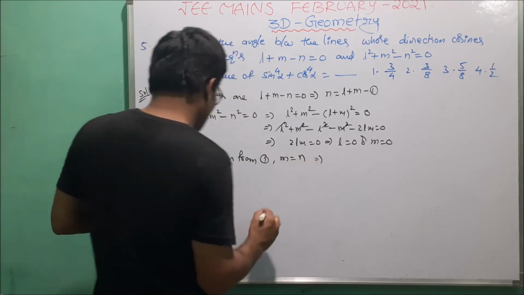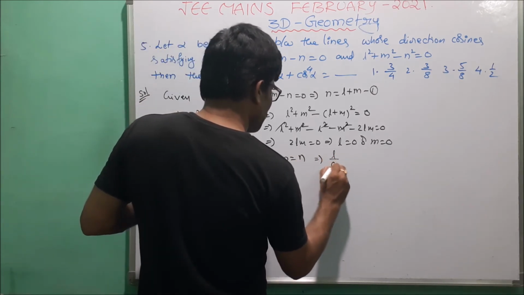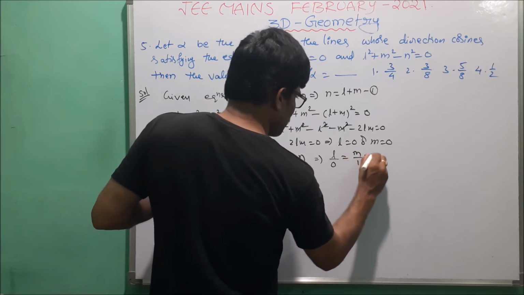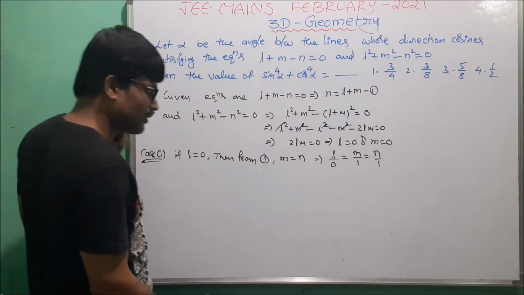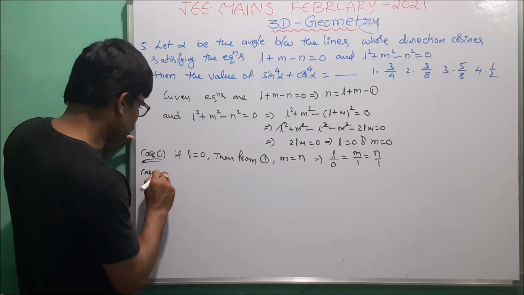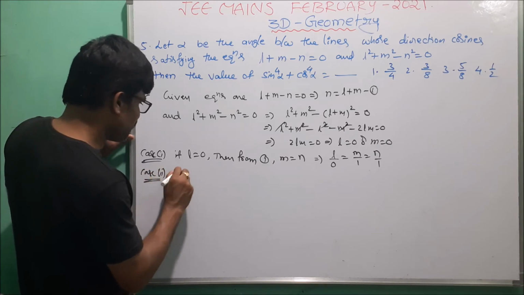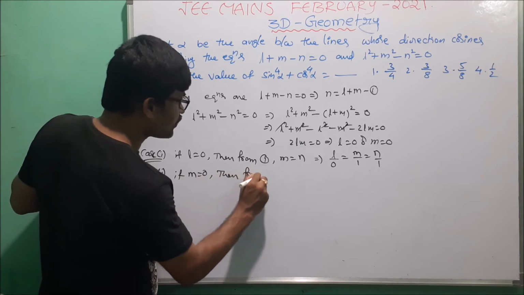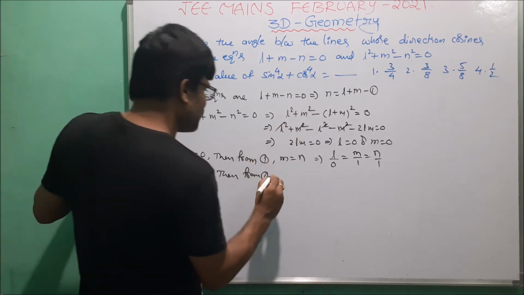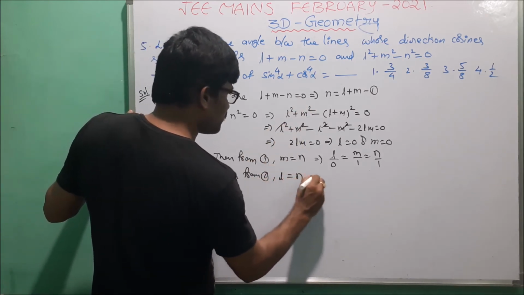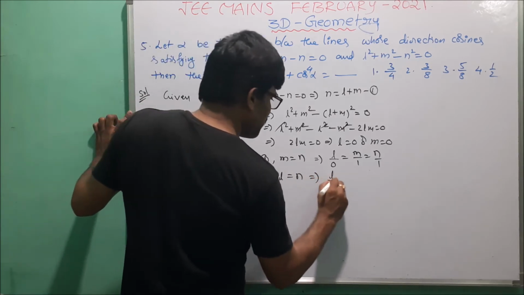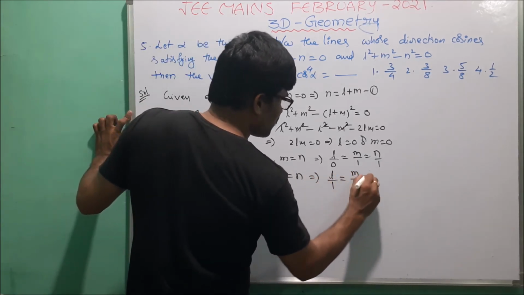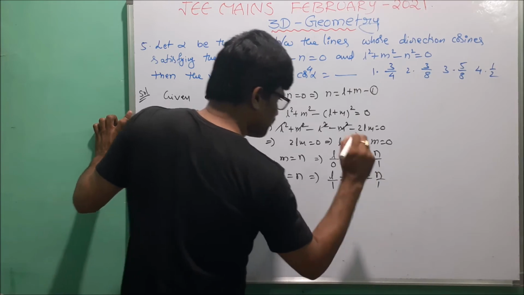So we write l by 0 equal to m by 1 equal to n by 1. Similarly case 2, if m equal to 0, then from 1, l equal to n. Here we write l by 1 equal to m by 0 equal to n by 1.